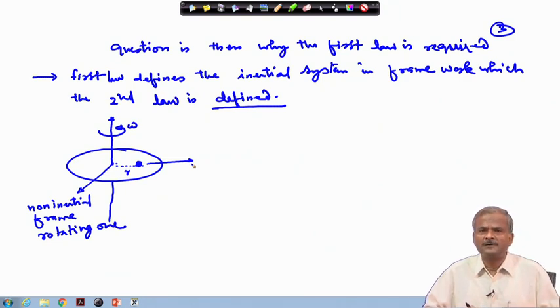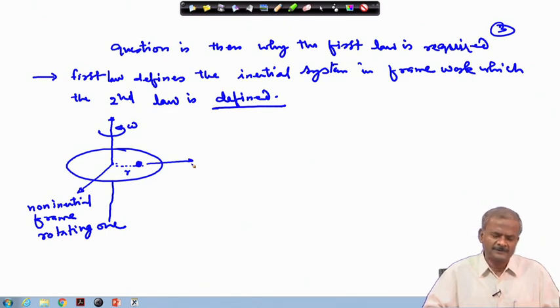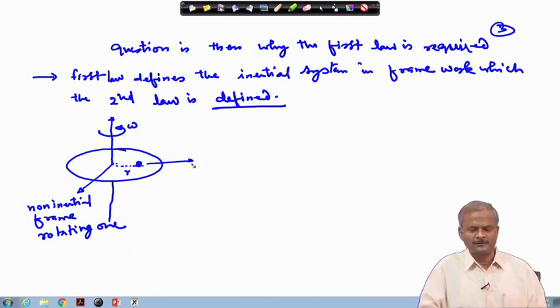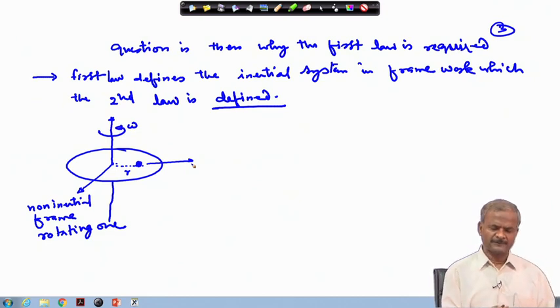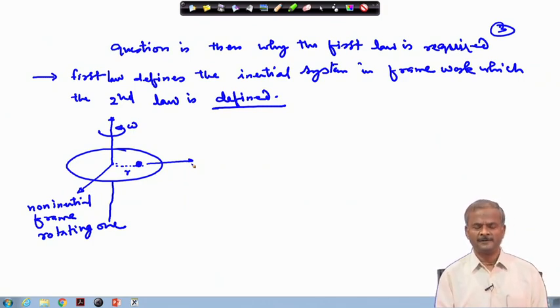So, the first law defines both the inertia and sets the framework for the second law. This setting of the framework for the second law is not mentioned quite often in most textbooks, but it is a fact that it is used for that. And together with this it also gives the notion of inertia.